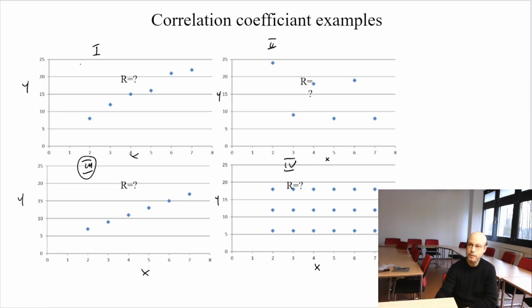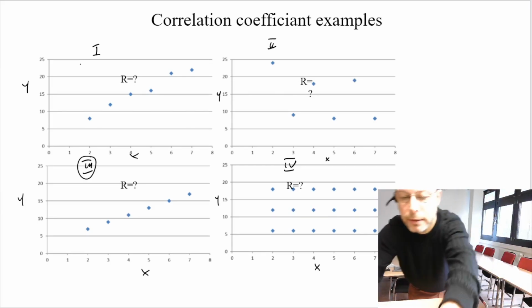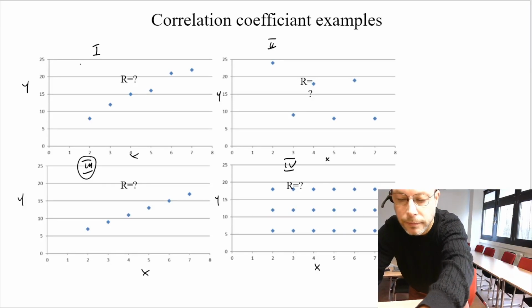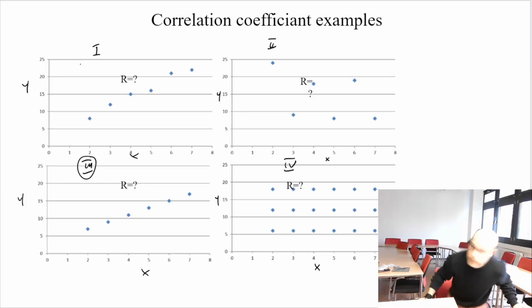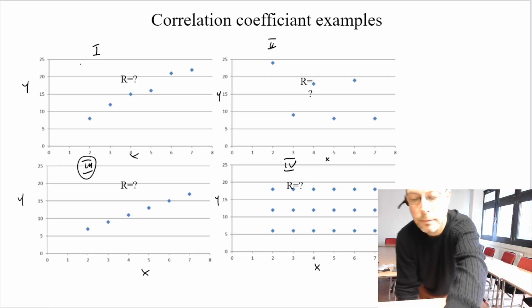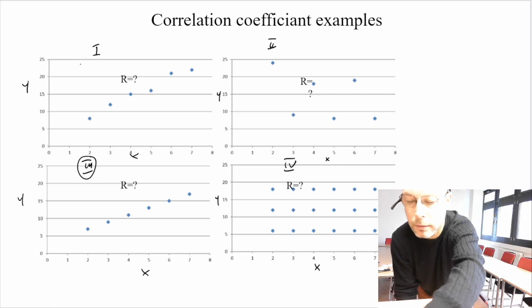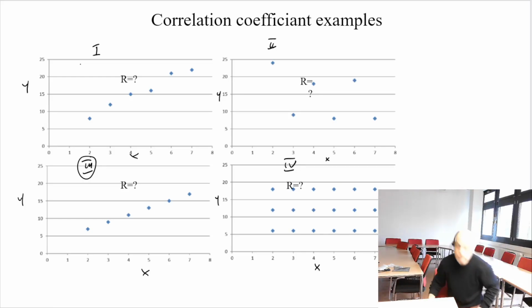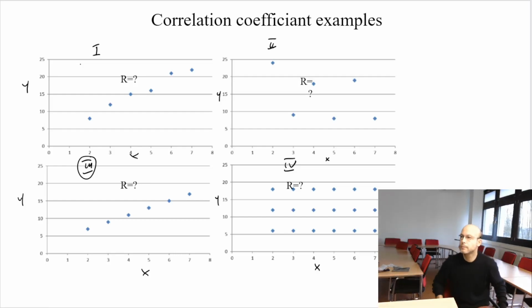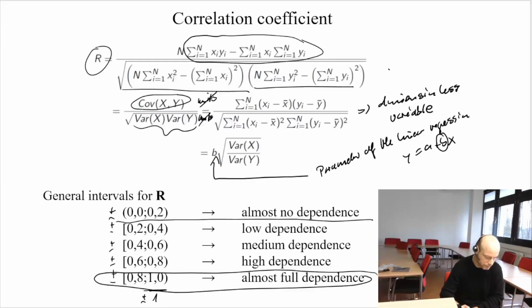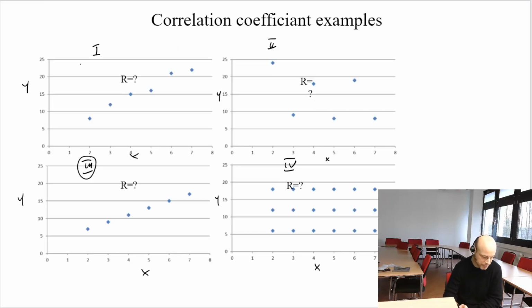Well, if you have a look, this is always ascending. So then, of course, we will be in this case, and we have a positive correlation, so this should be 1. What do you think here?